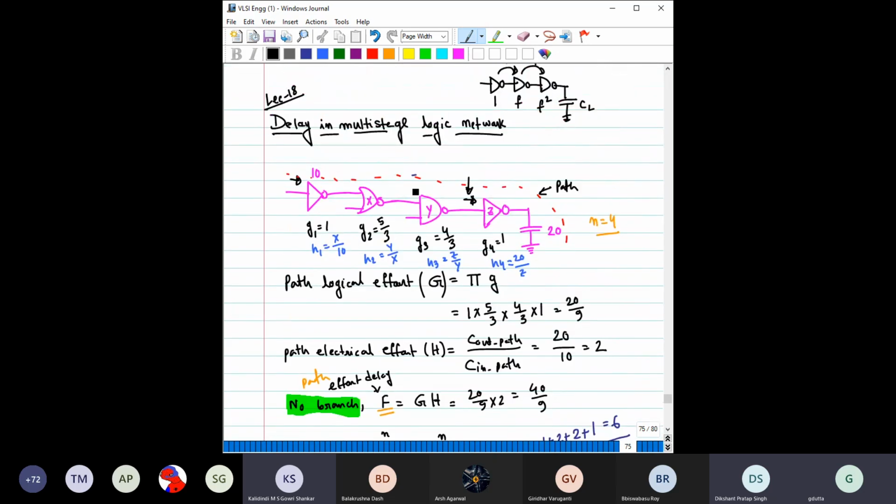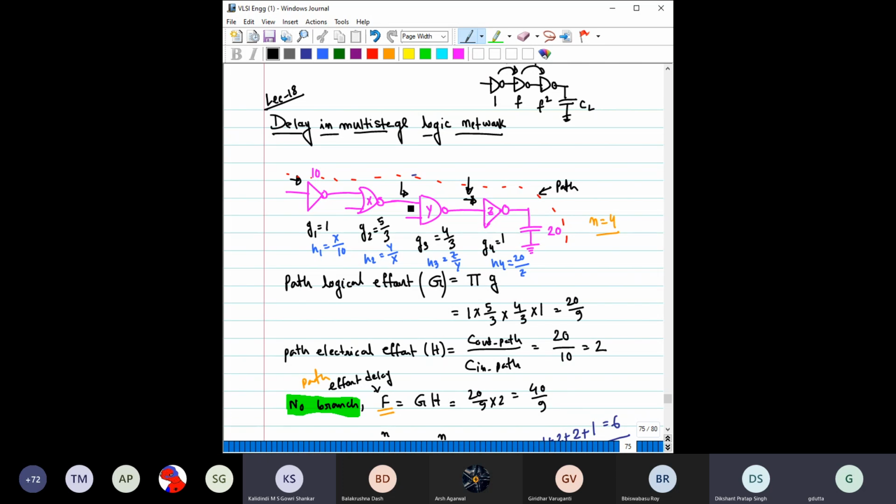Now we know Y. Y means the input cap seen by this. Remember, when I say input cap, it means for only one input. It's not the total capacitance because it has two inputs, right? This is driving only one of the inputs. If you had shorted the inputs, the scenario would be different. I hope you are able to follow what I am trying to say.